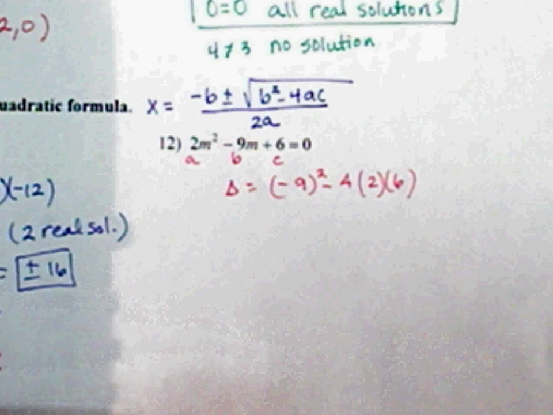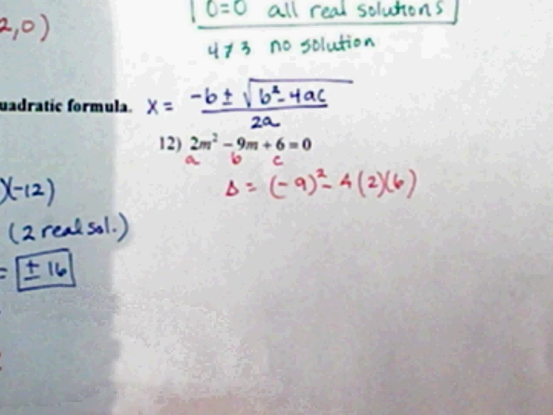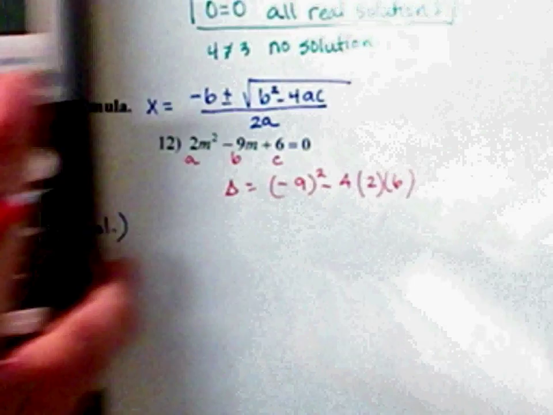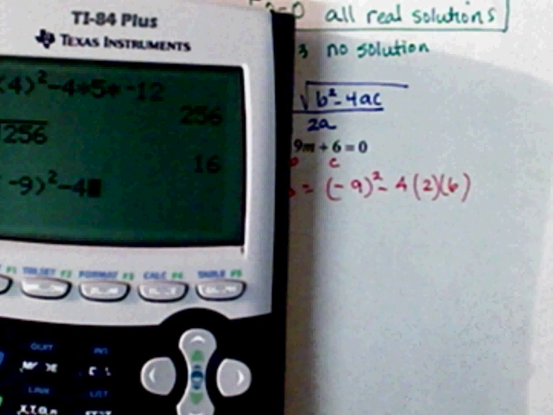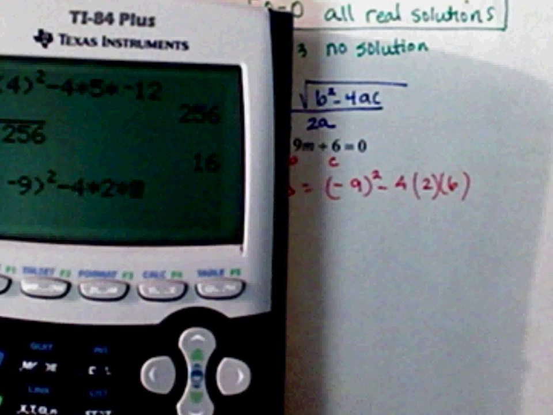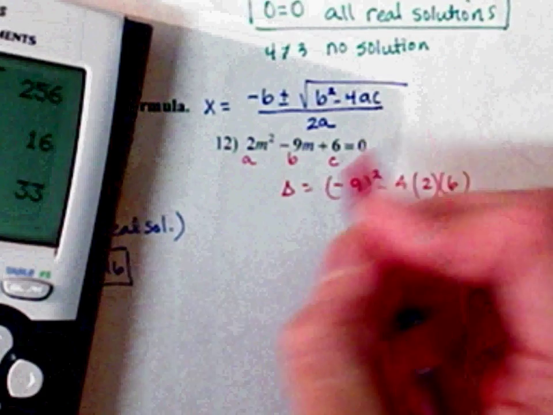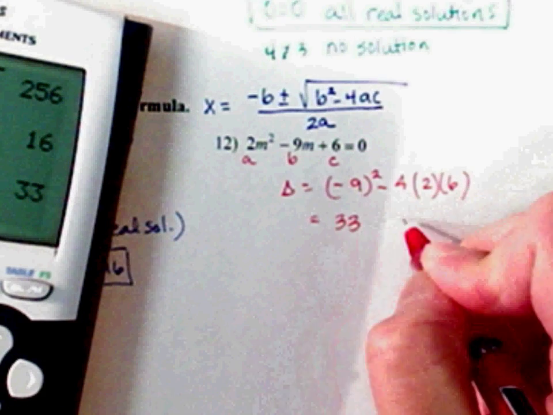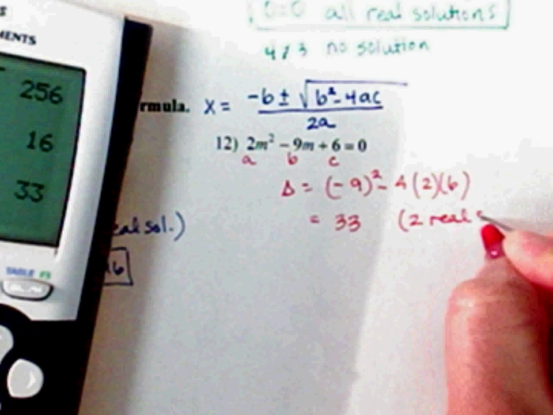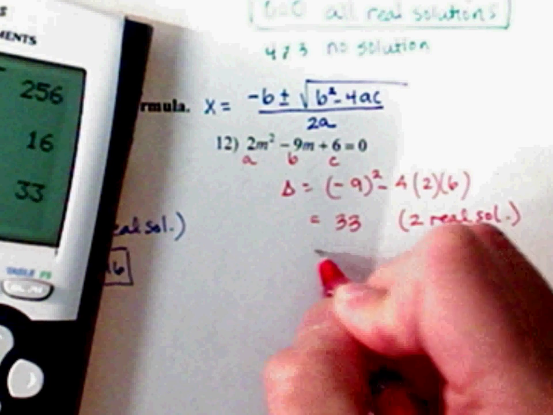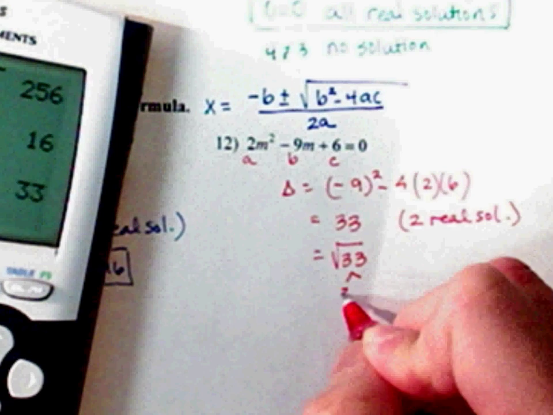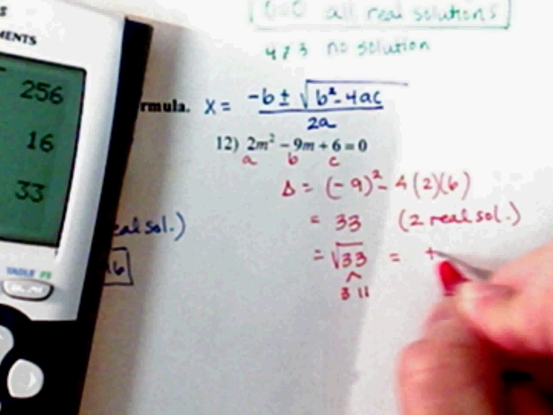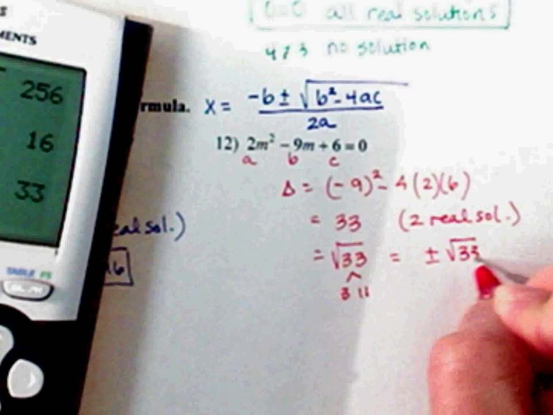Make sure you push minus 4 and not negative, times 2 times 6. Comes out to be 33. That means you're going to have two real solutions. Take a square root of that. Factors of 33 are 3 and 11. Can't do a thing with it, so I'm going to keep it just like it. That's your delta.